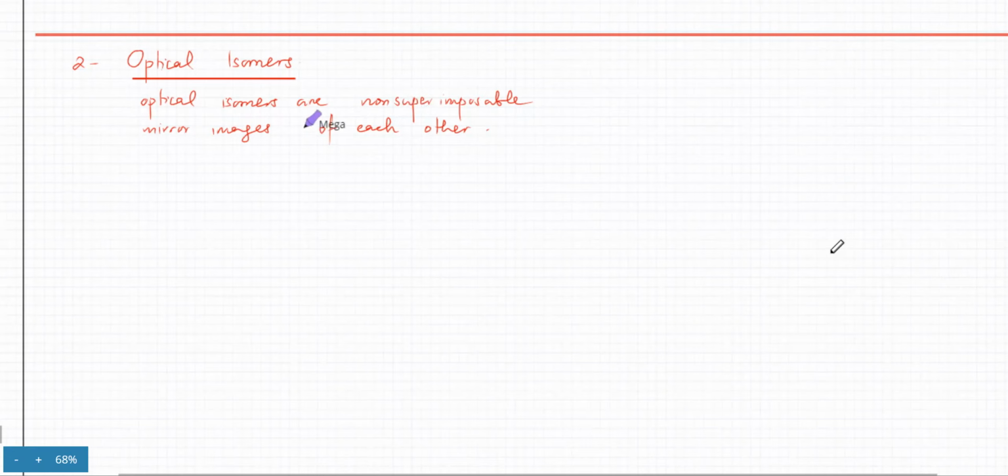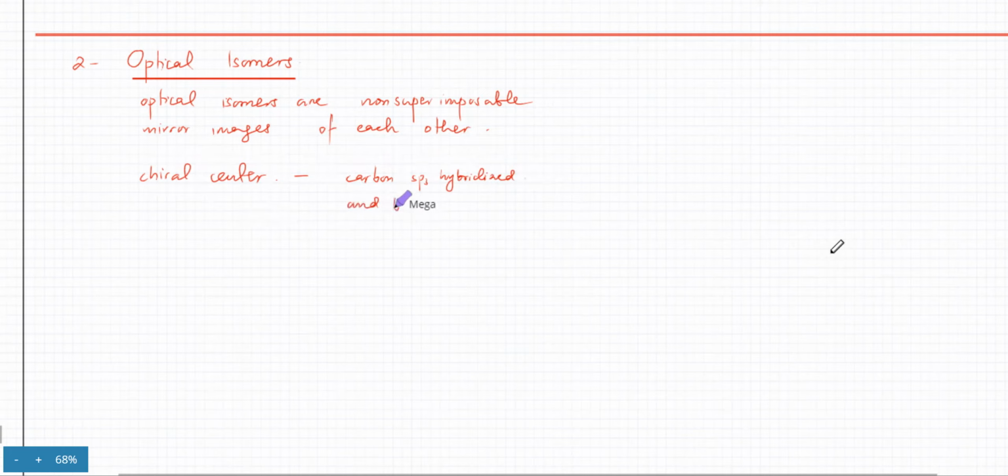And optical isomers are formed around a chiral center. So there's this carbon atom. What's a chiral center? It's a carbon atom which is sp3 hybridized and bonded to four different groups.